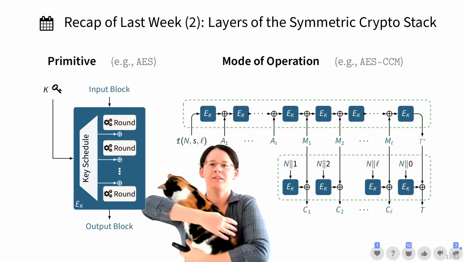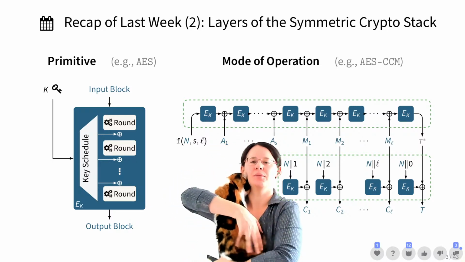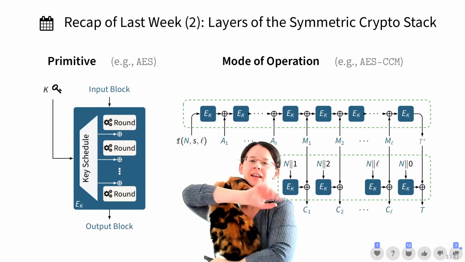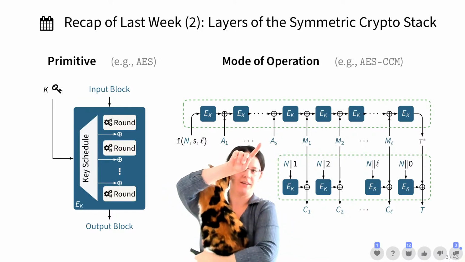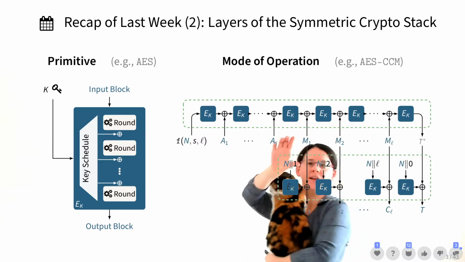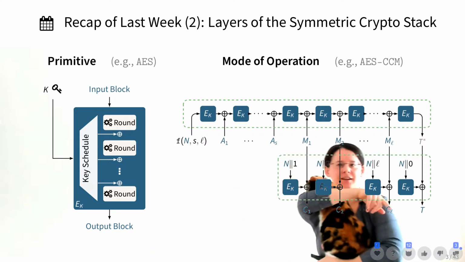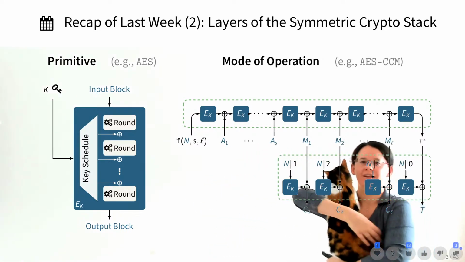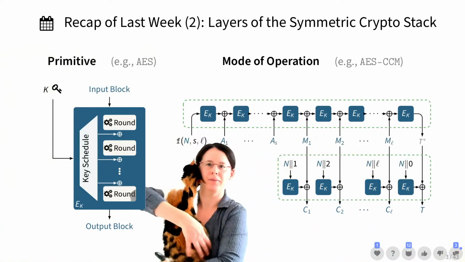It's essentially a recipe how to use the primitive, so the engine, to get something done. Getting something done in the case of this picture would be to authenticate both the associated data and the message. This is what the top part does. And to encrypt the message to a ciphertext, so that you then send the ciphertext and the final verification tag that allows the recipient to check that all went well.